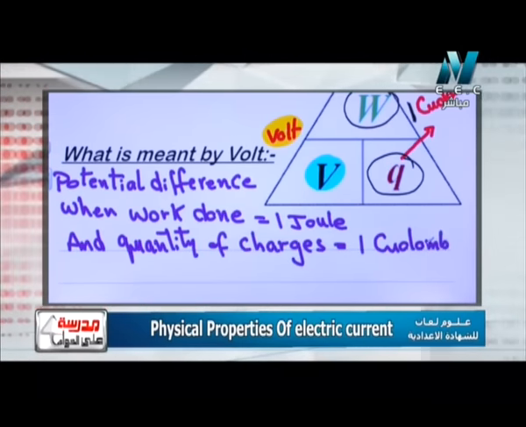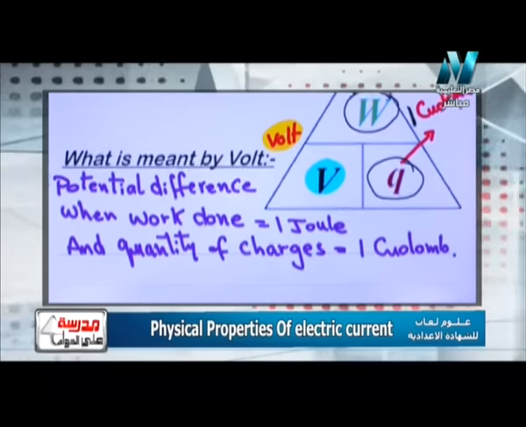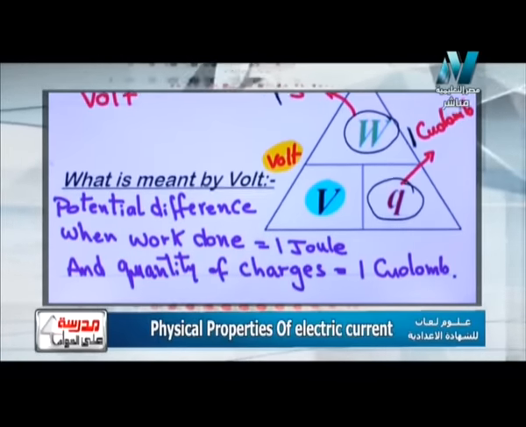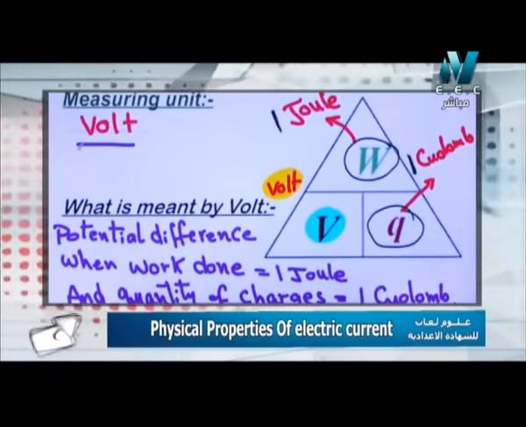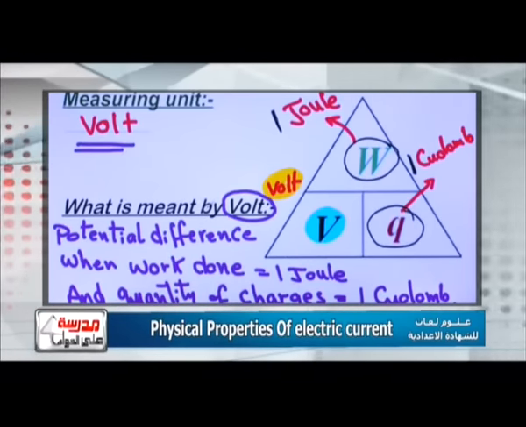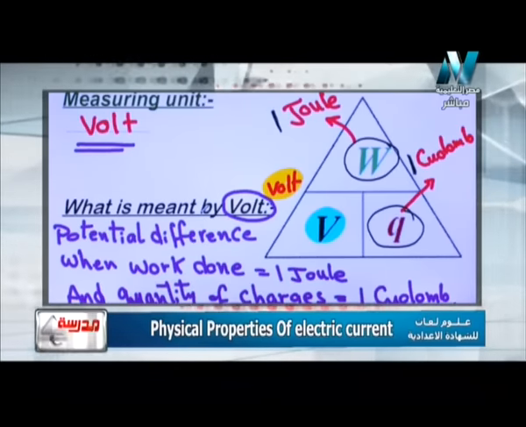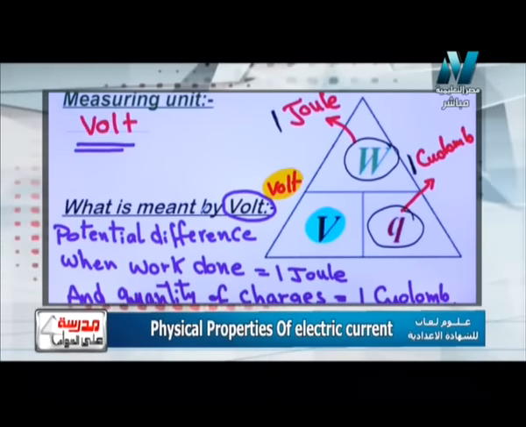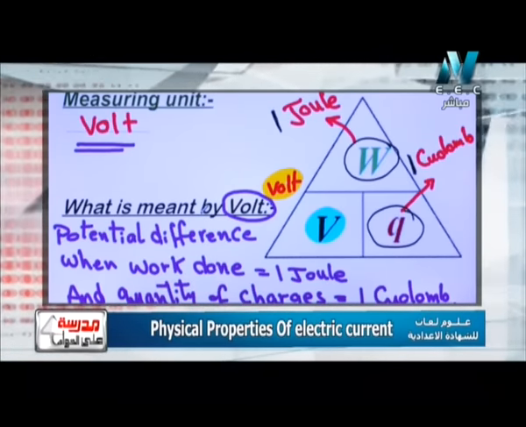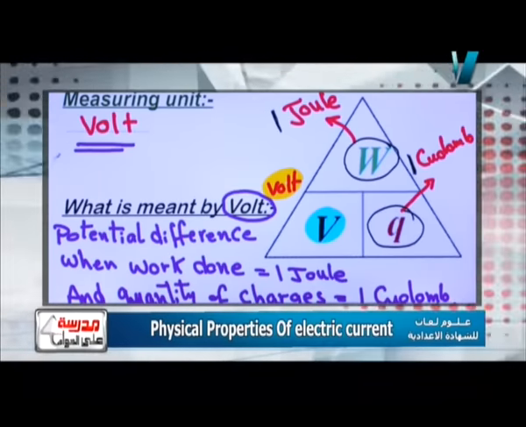So now, dear students, we know what is meant by the potential difference, and we know the measuring unit of potential difference is volt, and how can we define volt using the magic triangle. If we remember the magic triangle, we can remember the definitions, we can remember the rules to answer any problem. Okay, dear students.